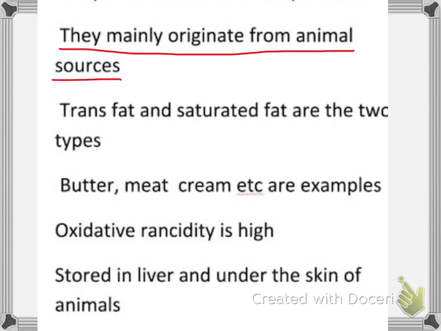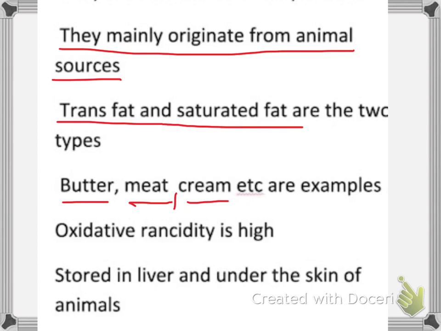There are two types of fats: trans fats and saturated fats. Butter, meat, cream, etc. are examples of fats.